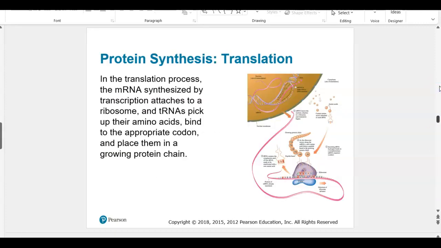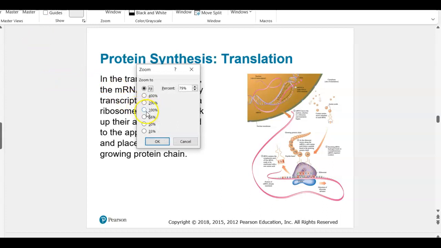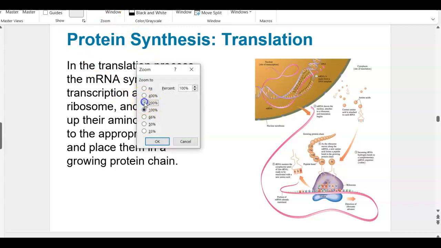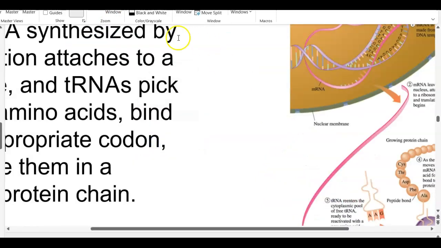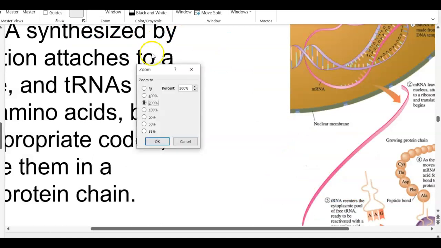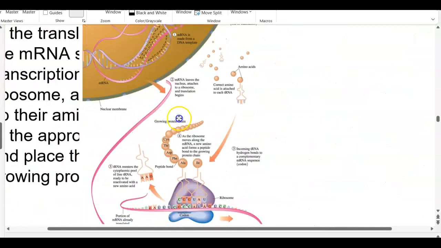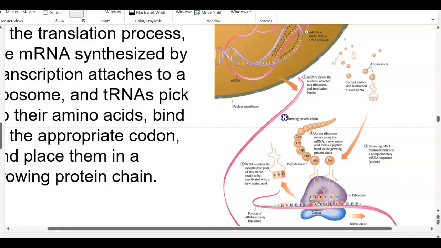What we had here is really a diagram of the entire process. So let's blow this up a bit. I can make it bigger than that. Let me see if 200 is too big. 200 is too big. Let me make it around 150. Let's try 150. It's still pretty large.